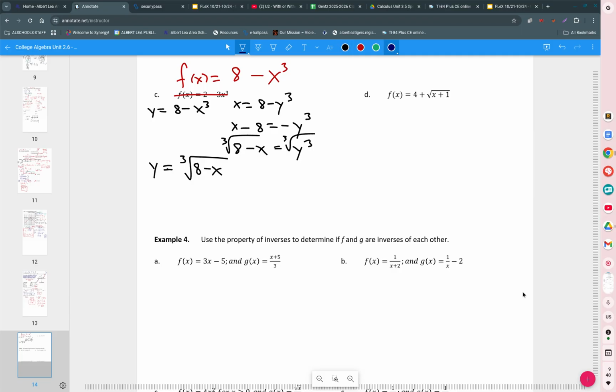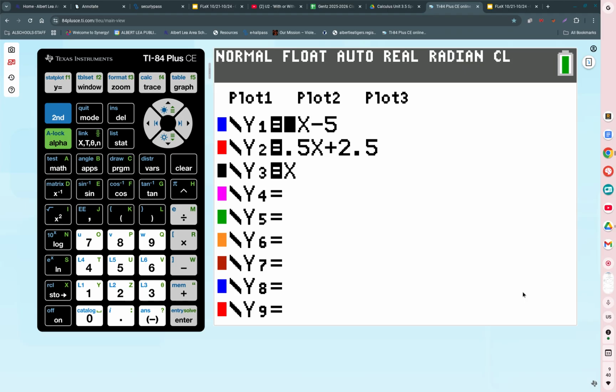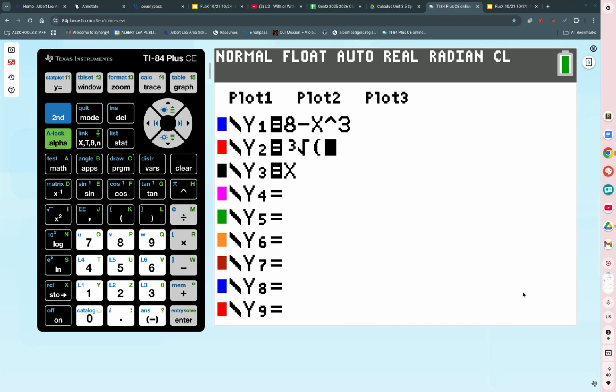Do you remember in the last unit kind of graphing these types of things? So you could literally sketch them by hand to see if they look like reflections of each other. And I have to do it. I can't resist. I just think that this is the most fun part. So I'm going to quickly do it. I'm going to do 8 minus x cubed. And then the other one was the cube root of 8 minus x.